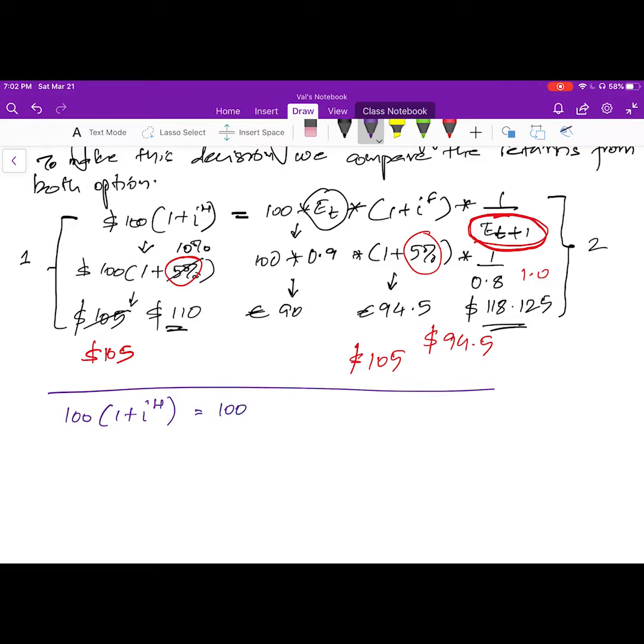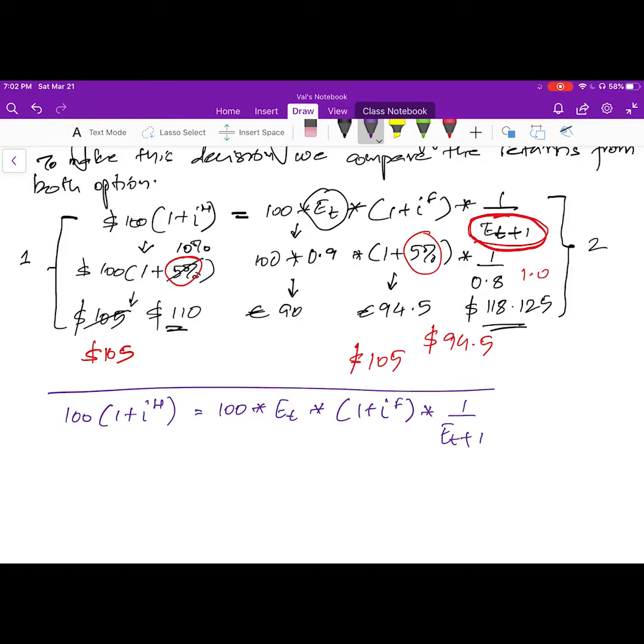For option two, you take the 100 units of one currency, exchange it into a foreign currency, invest it in the foreign country at I to the power of F, and bring it back to the home country. So tomorrow, T plus one, is today plus one.